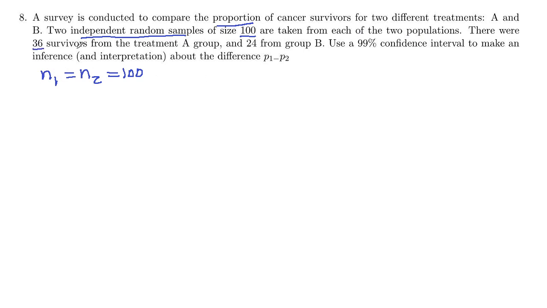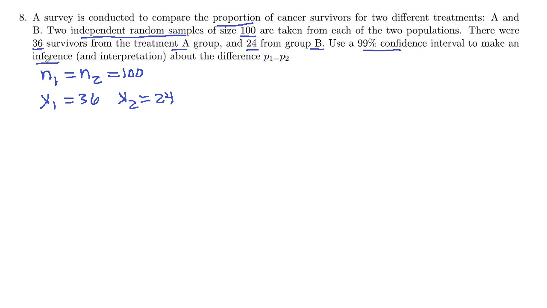So N1 equals N2 equals 100. There were 36 survivors for treatment A. So let's let A be treatment 1. So that's actually not N1, that's X1. So X1 is 36. Survivor is going to be a success here. And then X2, 24 in group B. So X2 is 24. And then we're using a 99% confidence interval to make an inference.